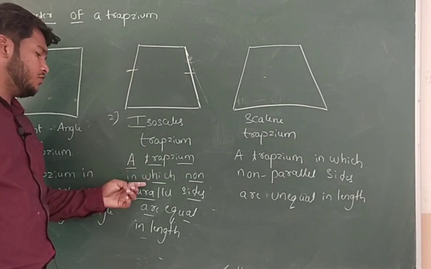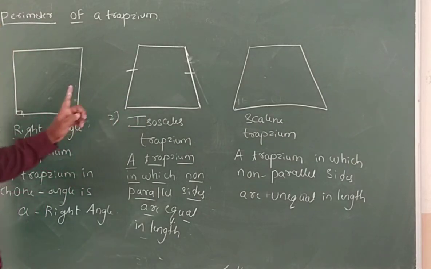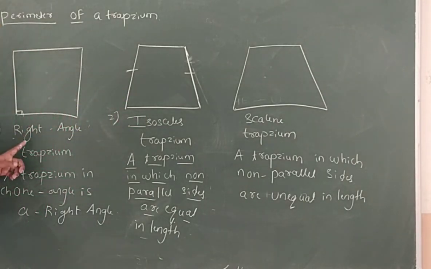A trapezium in which non-parallel sides are equal is said to be an isosceles trapezium. A trapezium in which one angle is a right angle is said to be a right angle trapezium. So these are the types for the perimeter of a trapezium. I hope you understood this concept.